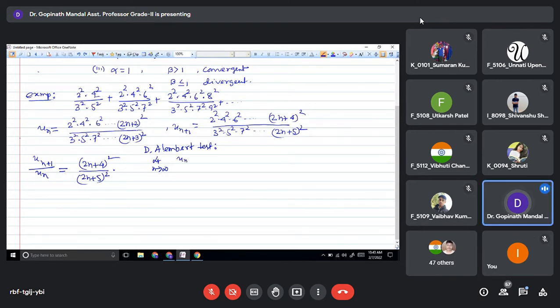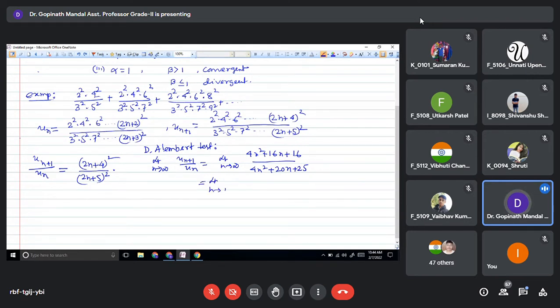So un plus 1 by un, limit n tending to infinity. This will be 4n square plus 16n plus 16 by 4n square plus 20n plus 25.